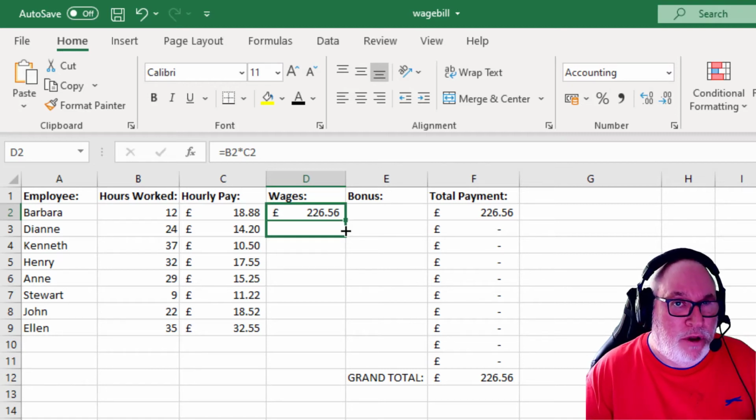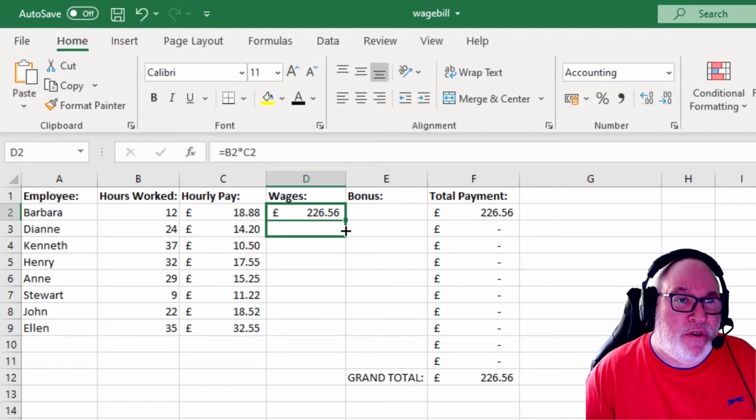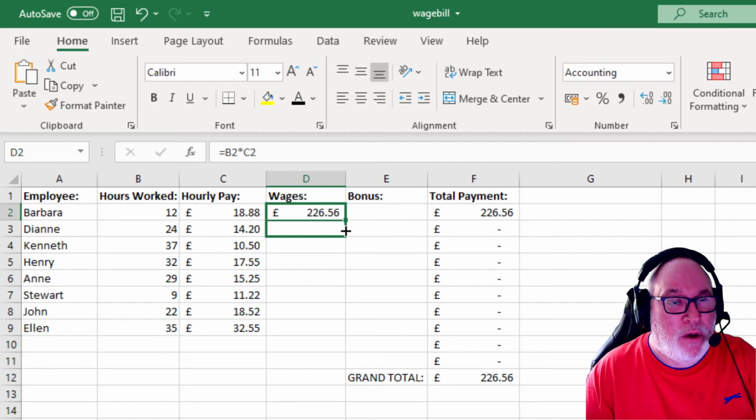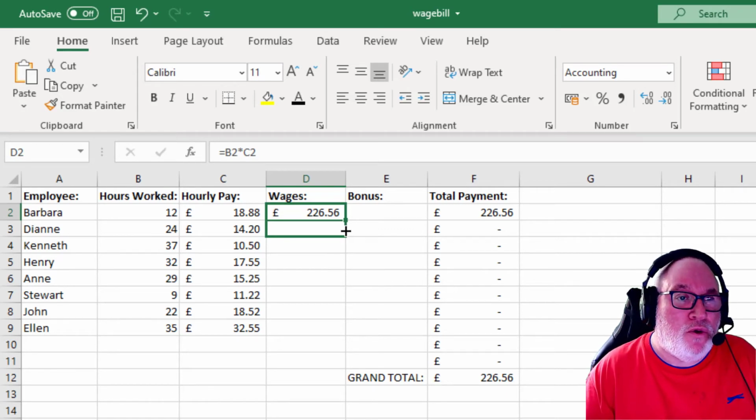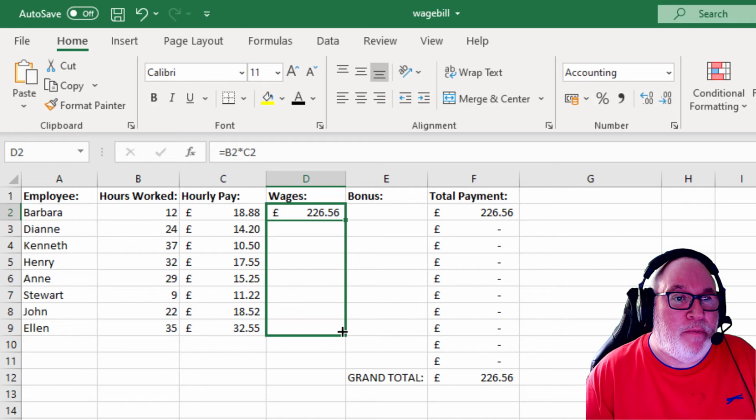So as we are coming down a row, the cell references that we've used within that formula that we're copying down, they will change relative to the adjustment of us moving away from the cell. So we will now expect it to be B3 multiplied by C3. And we'll see that in a minute.